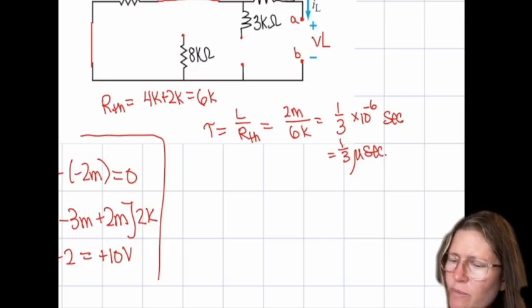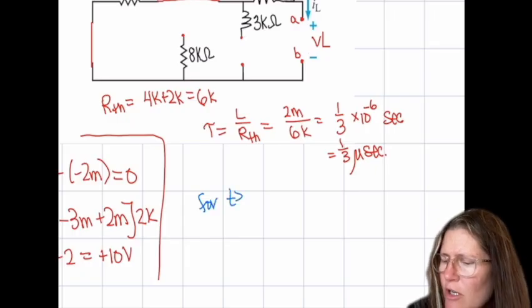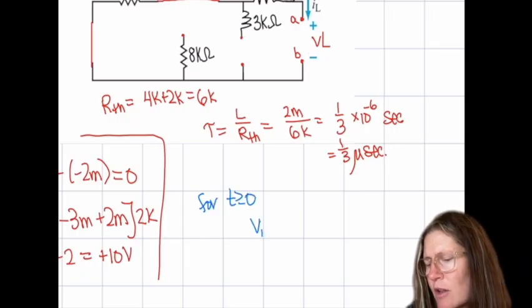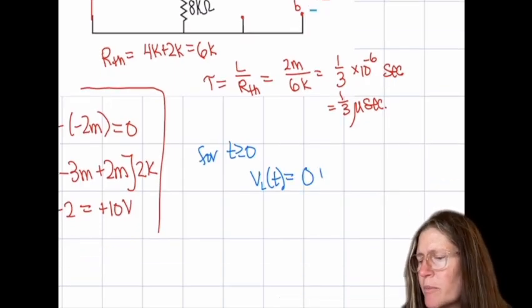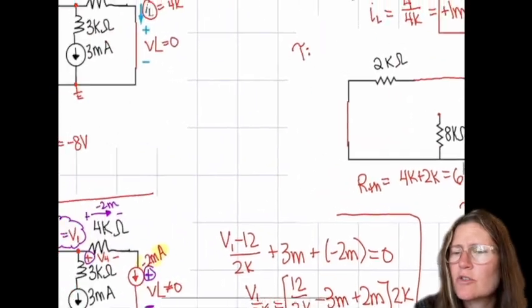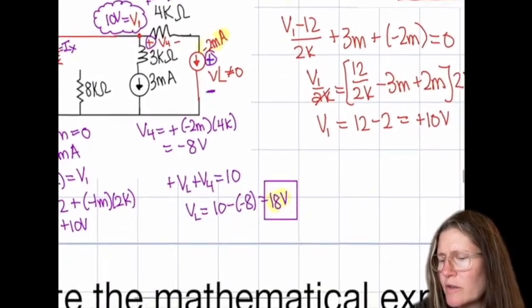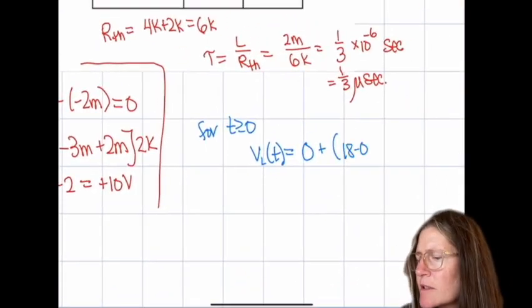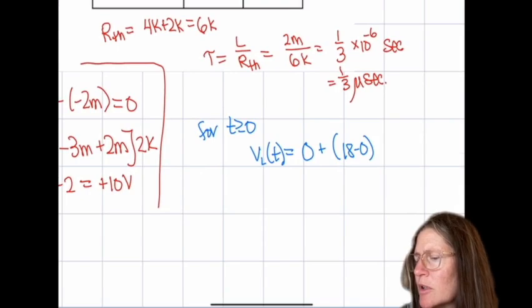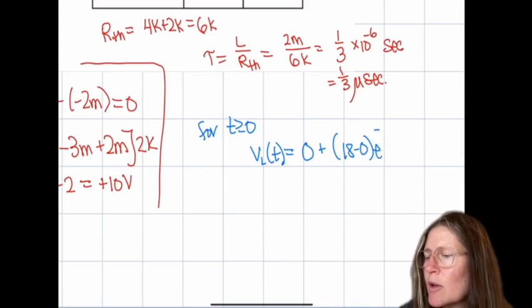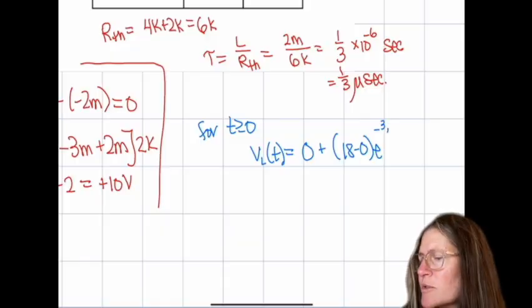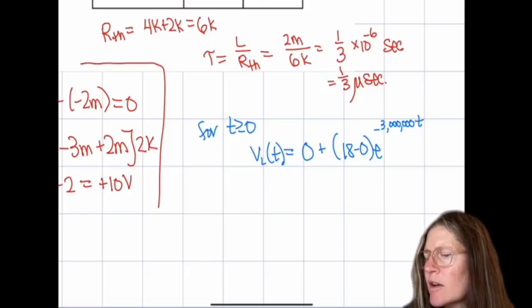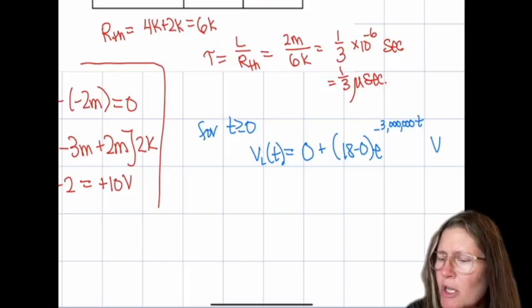And then the expressions for t greater than or equal to 0, we have VL of t. The final value is 0, and that initial value was 18 volts. So 18 minus 0, e to the minus, and 1/3 micro becomes 3 meg. So we can write it on the top just to make it look better.